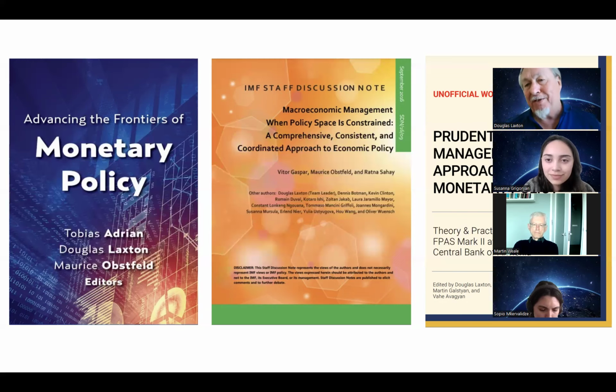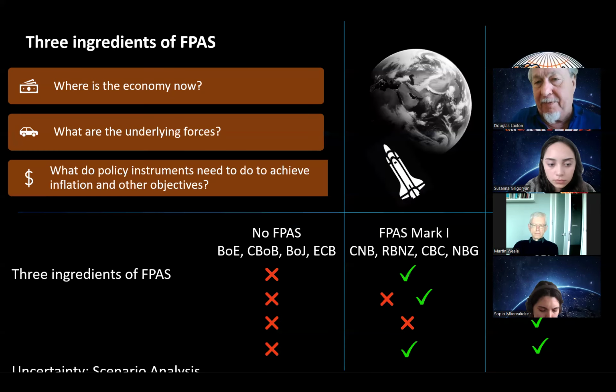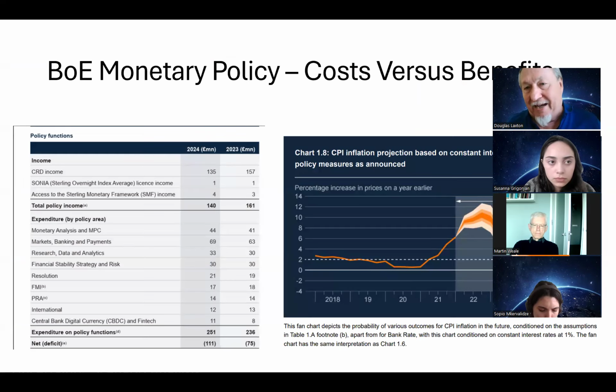And of course, if you run into the effective lower bound, and there's a perception that policy space is constrained, then you face this risk of getting stuck in a low inflation trap or worse yet, deflation and so on. But do we need to go further on these issues, because there are some other things that I wanted to cover as well. No, let's go on.